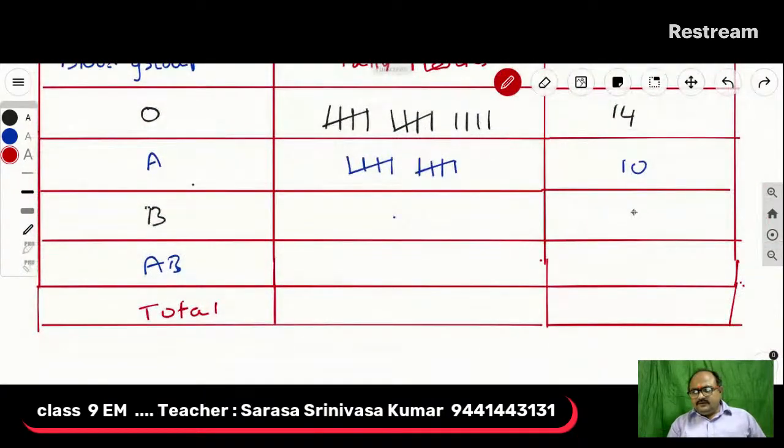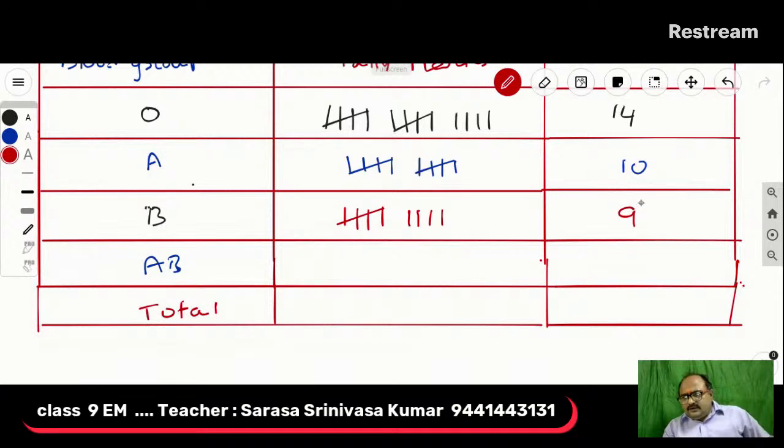How to write 9? In tally marks, 5 plus 4: 1, 2, 3, 4, 5 and 1, 2, 3, 4.